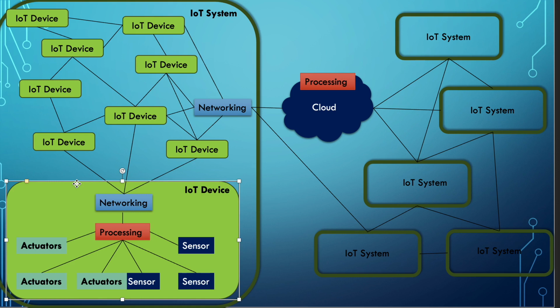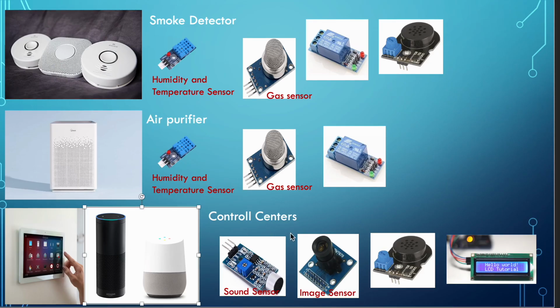So if we are to build an IoT system, these devices should be able to talk to each other. One of the best and most common examples would be the control center. We talked about Alexa, right?